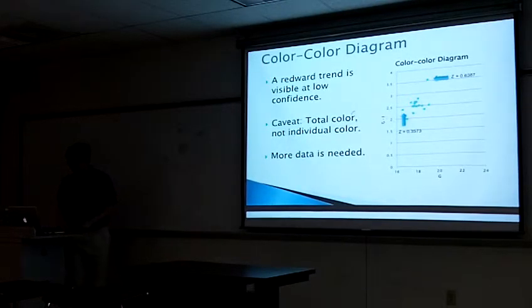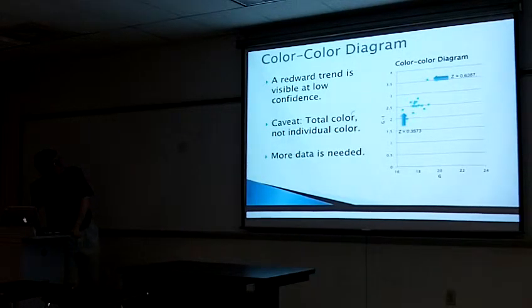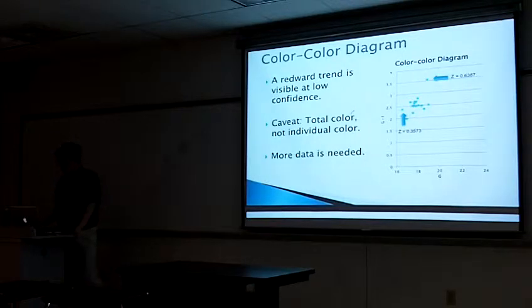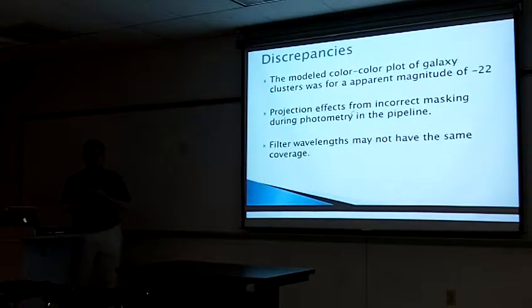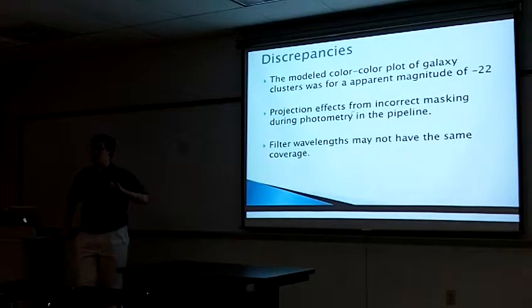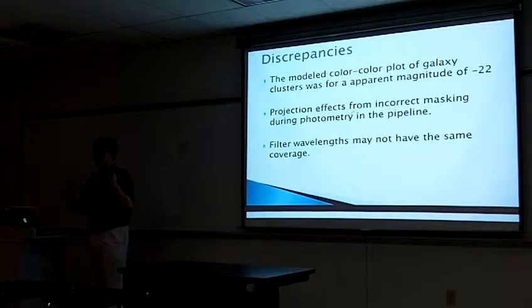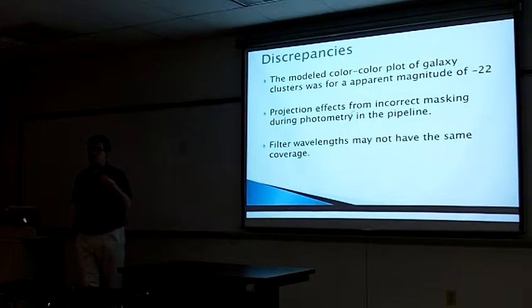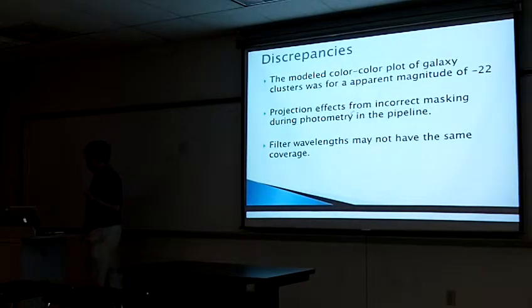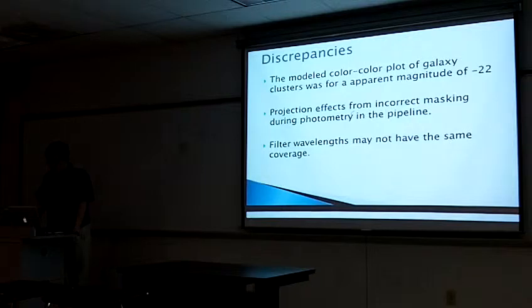And when I plotted mine, it's actually much higher, which means that the galaxies are bluer, or greener in my case, than expected. That's something I want to work on in future work. The discrepancy with my method and the actual red sequence method is that I didn't measure the constituent ellipticals for each cluster. I used the total redness for the cluster, because the spirals should just be going at their normal star formation rate, and the ellipticals are the ones that are definitely going to be changing. So that's something I want to look at.